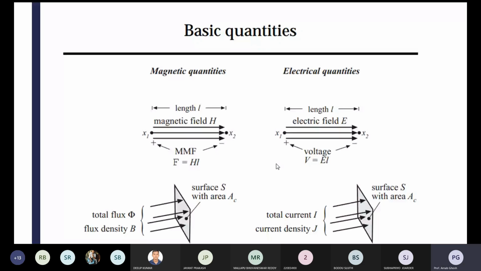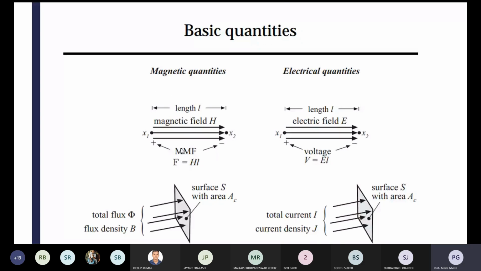Now we can discuss some basic quantities. In magnetic quantities, you know that MMF equals what? In the electrical circuit, V equals I into R: resistance into current.